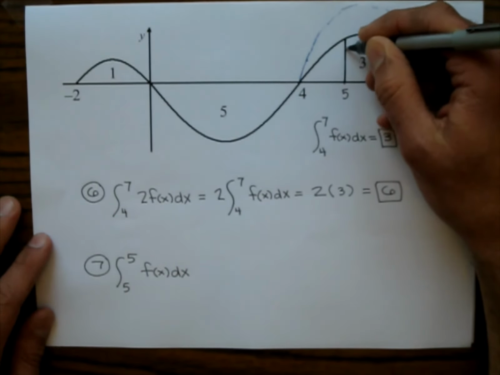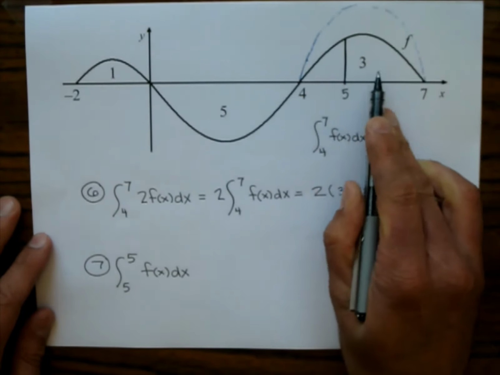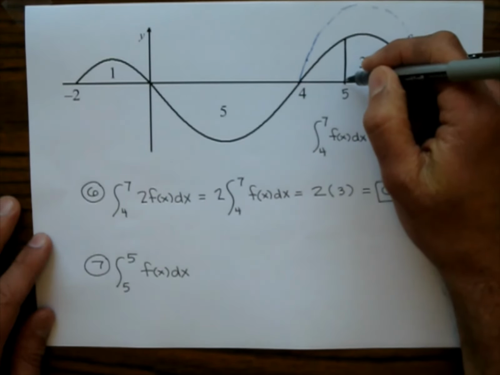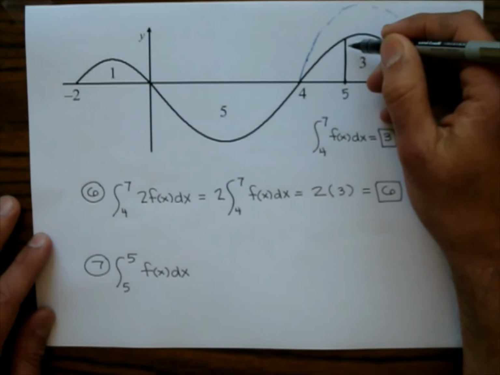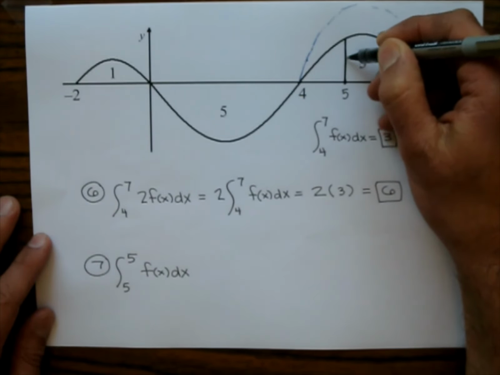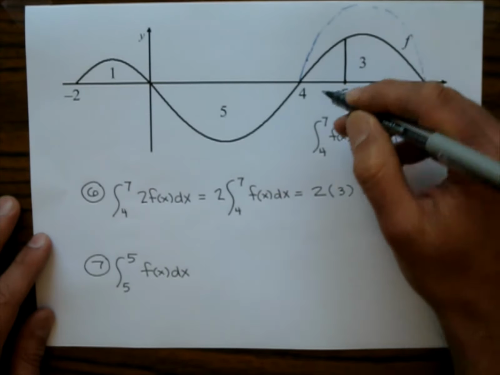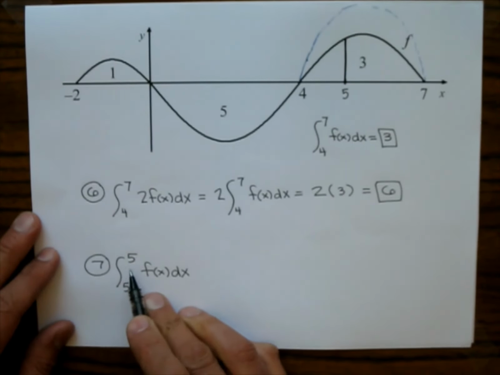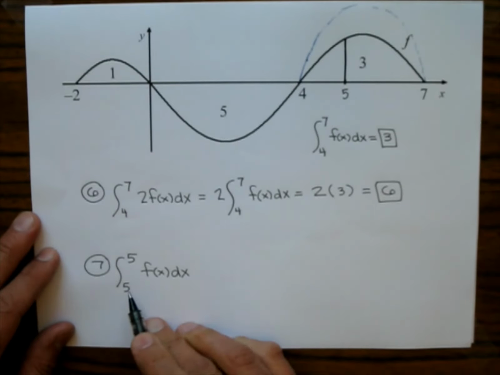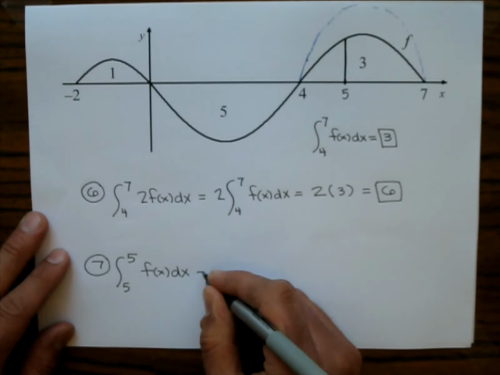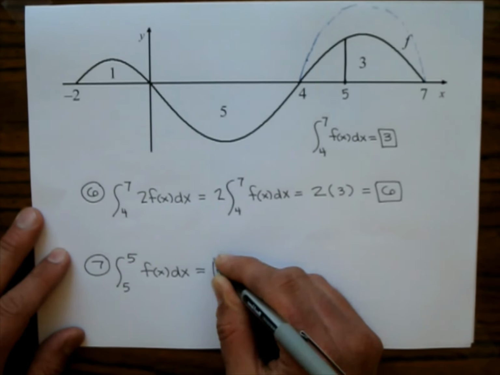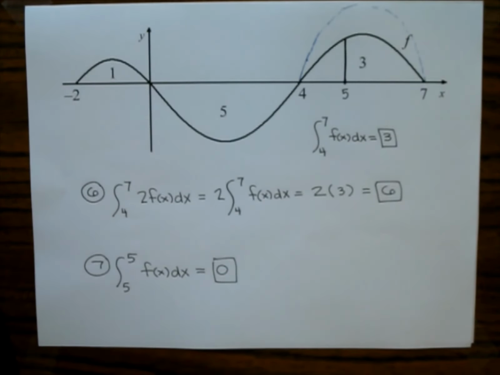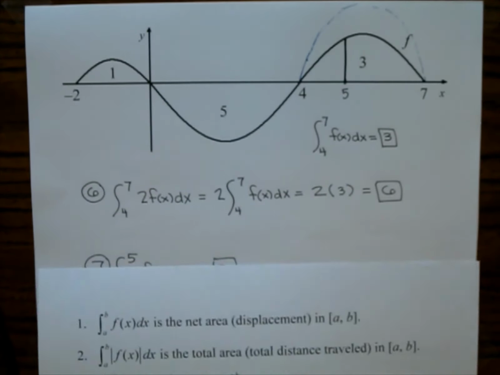You know, before your region would look like below a hill or something, and now the region just looks like a line segment. What is the area of that line segment? Well, it doesn't have an area. So when you go from 5 to 5 on your integral, or you go from 7 to 7, your answer is going to be 0. I believe your book calls this one a definition, but probably don't want to quote me on that. I think if I remember right, that's what they called it.